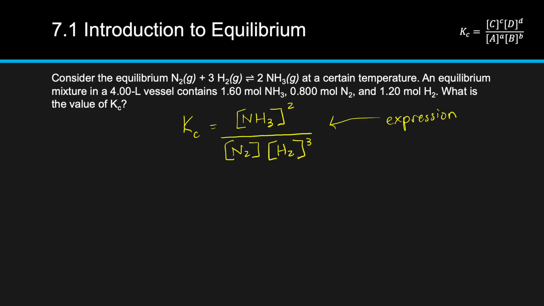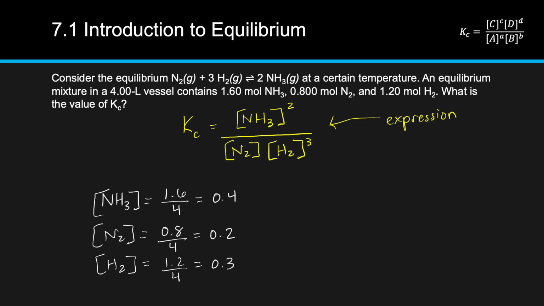So now from here, we can go ahead and plug in our values to this expression to solve for Kc. Now, this does require a little more work just because we do not have concentration. However, we do have moles and volume, so we can divide those numbers by 4, and that will give us our concentrations. And now that we have those, we can go ahead and plug them into our expression.